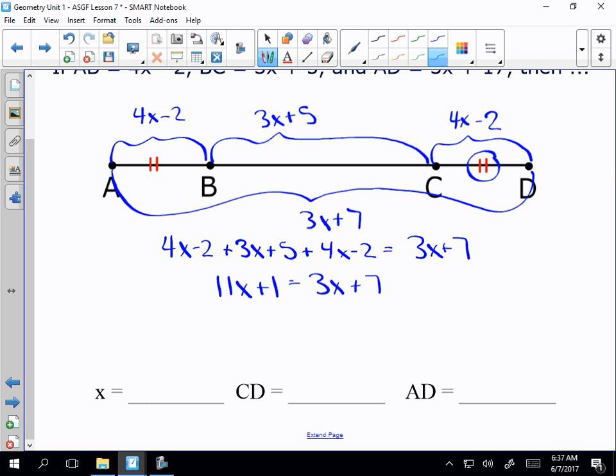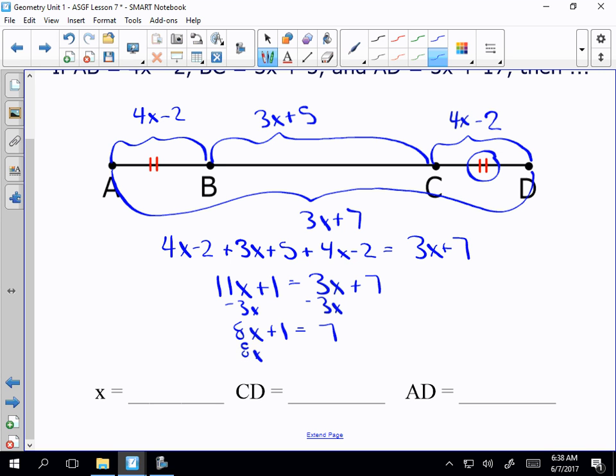And then we have to get our variables on one side, so I'm going to move the 3x to the left by doing the opposite operation. 8x plus 1 equals 7, and then I subtract 1 from both sides.